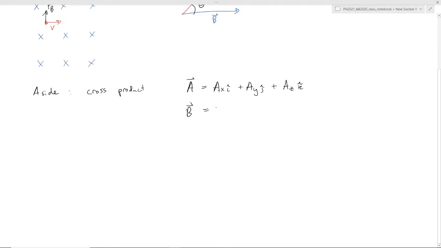So for example, we could specify a couple of generic vectors, A and B, by their components. And if you want to take the cross product between these two vectors, how we often do this is to create a determinant, where we basically just organize them like this.